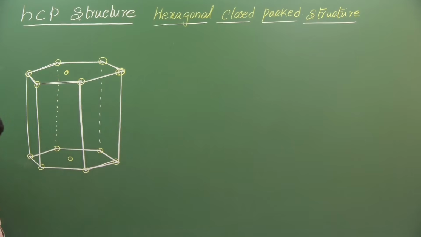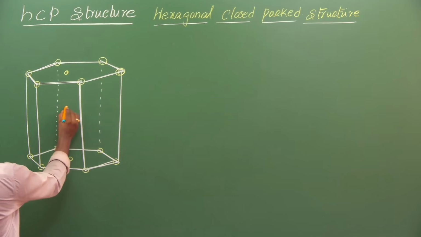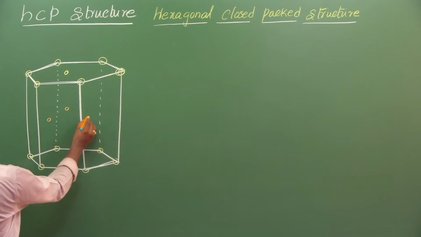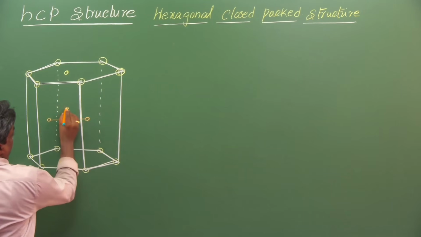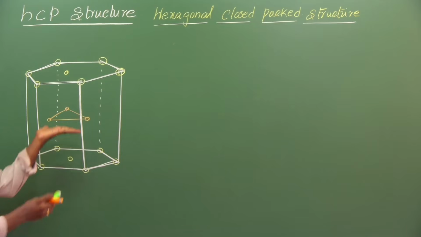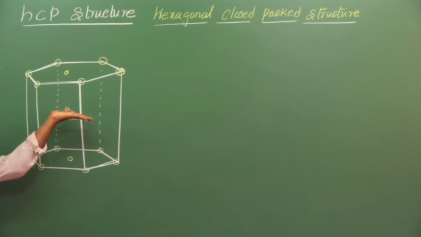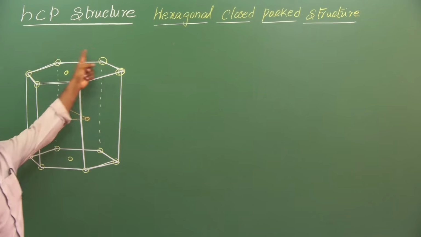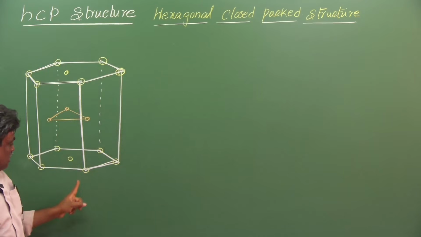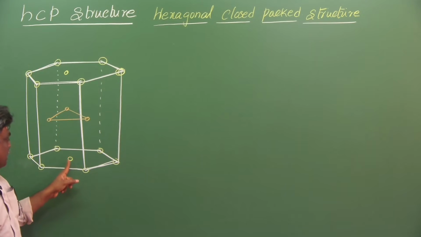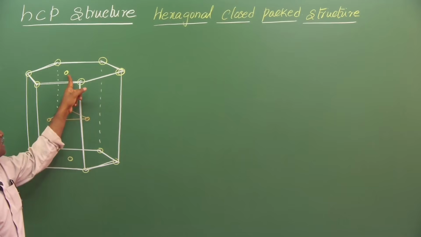In the middle, perpendicular to the plane, we have three more atoms. So here 3 atoms, and here 6 corners, 6 atoms, and here center 1, and here also center 1.